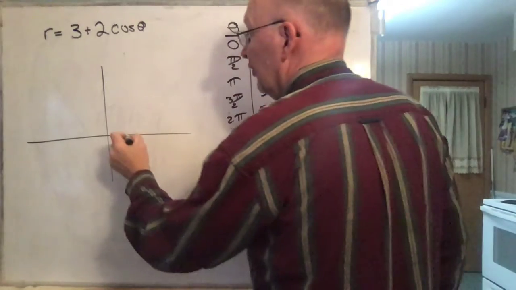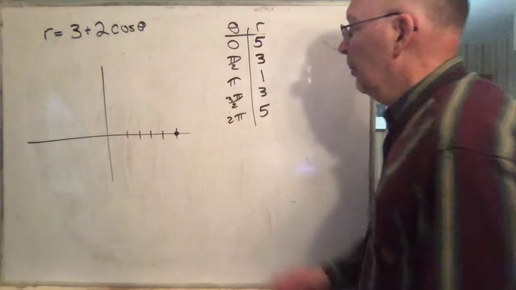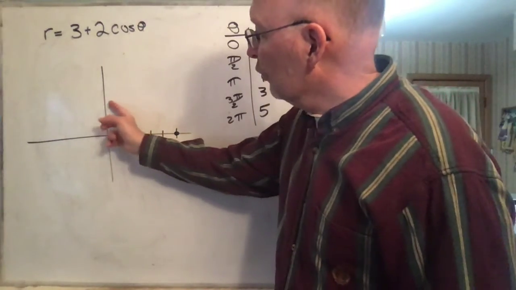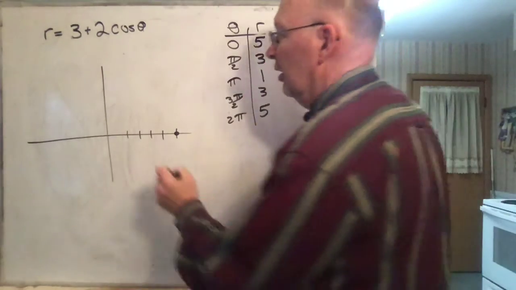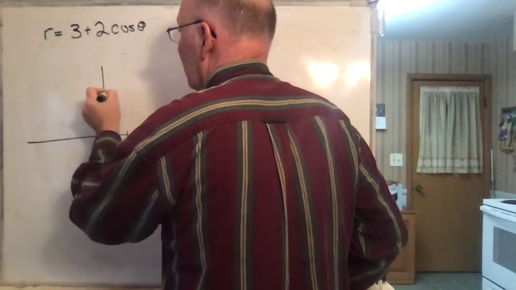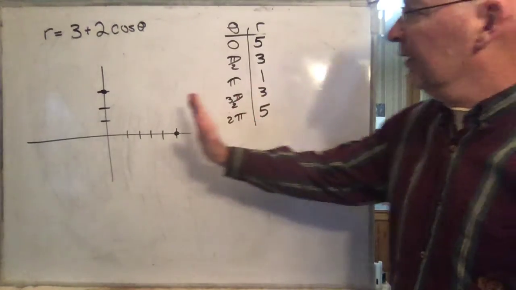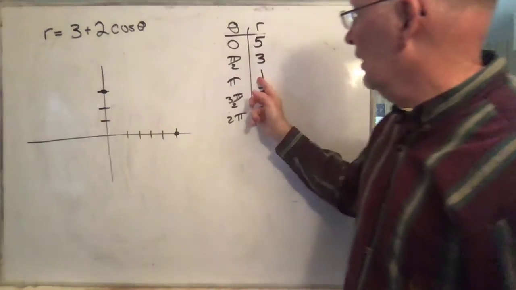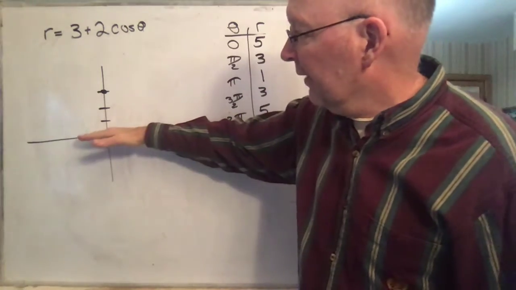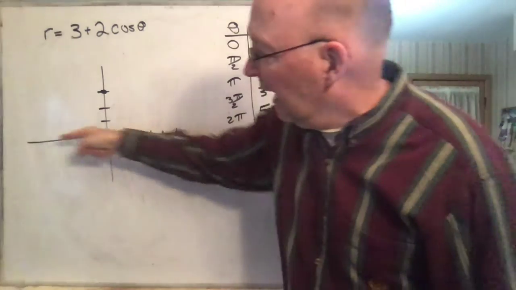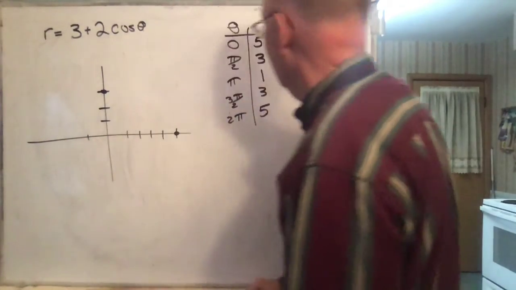When the theta is 0, you're here at 5. By the time the dog has run to pi over 2, you've pulled in on the leash. So now it's at 3, like that. By the time the dog gets to pi, the boy has pulled in on the leash, and so you just have a length of 1. And pi is in this direction, so it's going to be positive. It's in the direction of the angle, which is 1.